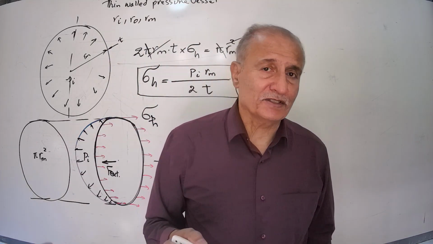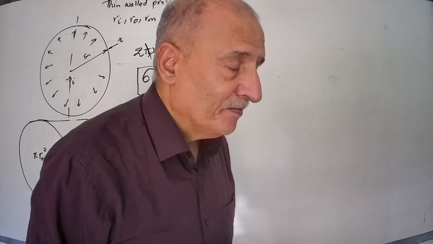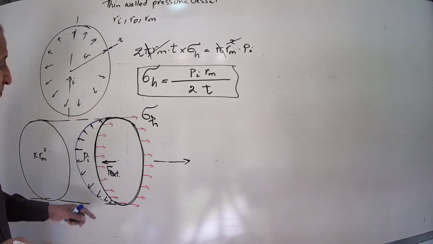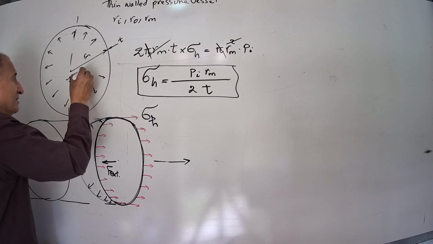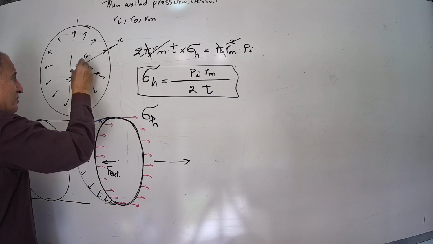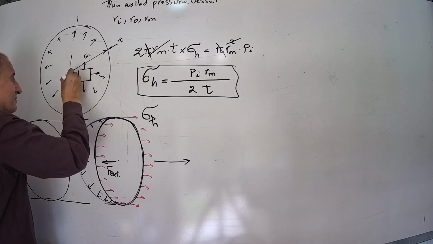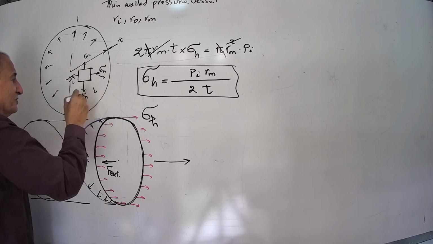This is the only stress that we have in spherical pressure vessels. If you consider an element on the shell, in all directions the shell is under tensile stress, sigma h.